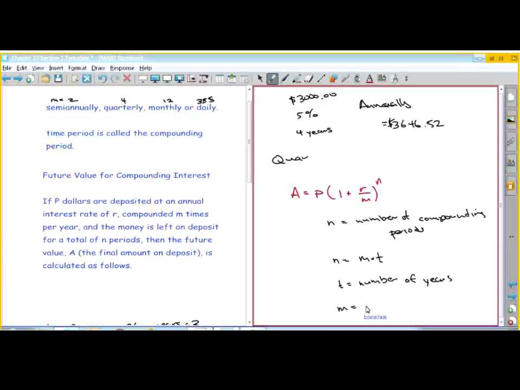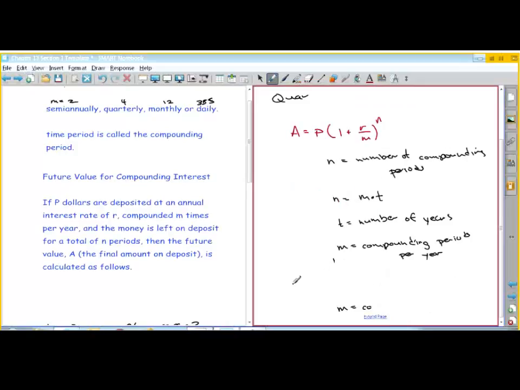What M is, is the compounding periods per year. So for quarterly, which we're doing up here, M is equal to 4.